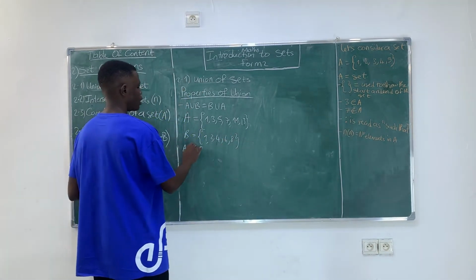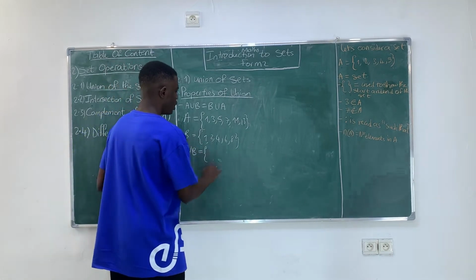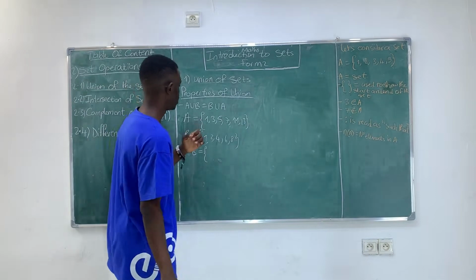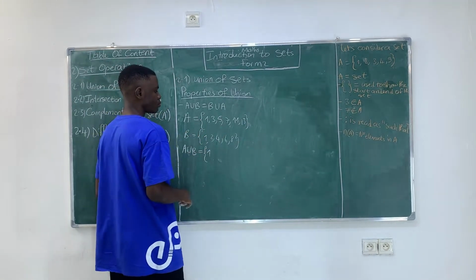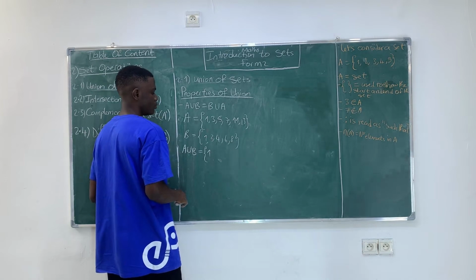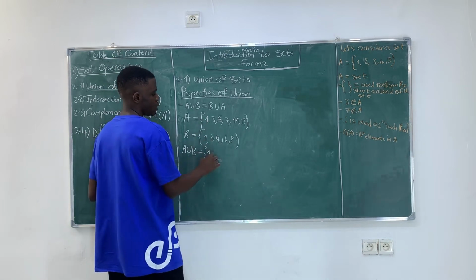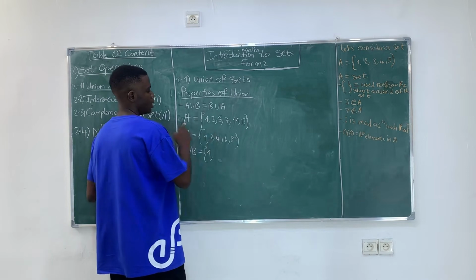What is A union B? A union B is going to be every element that is here and every element that is here also. Start with 1: 1 is in A, so we write it.